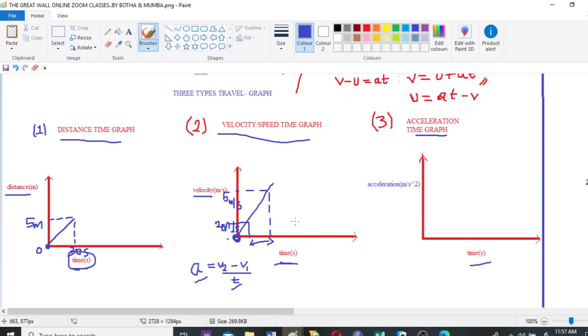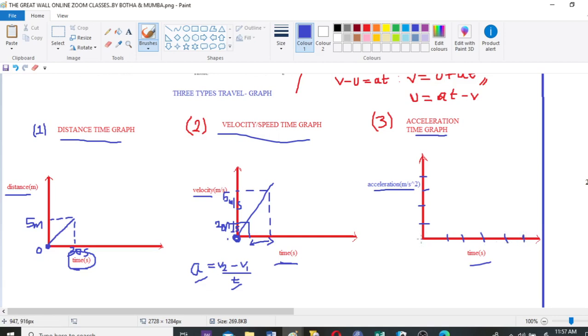So when we have that acceleration, now we can draw the acceleration time graph here. We have acceleration against time. Here we'll be given the rate at which the speed of an object has changed, and the time that it took for that object to change its speed.